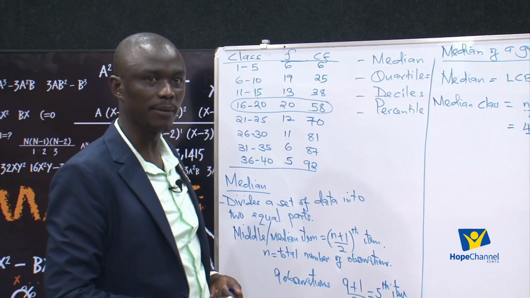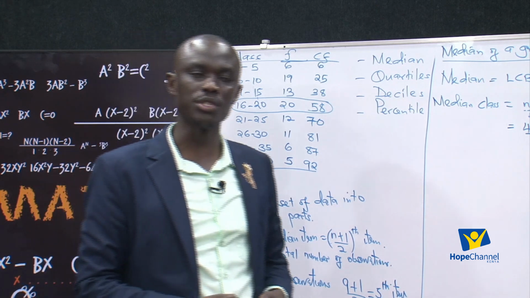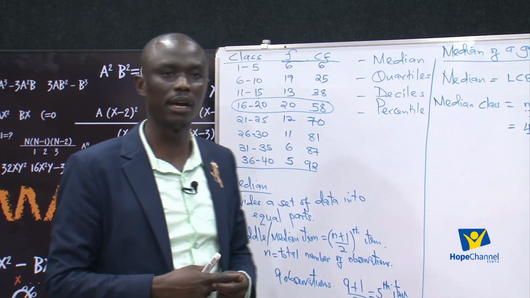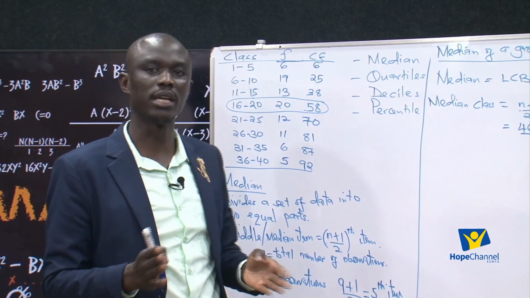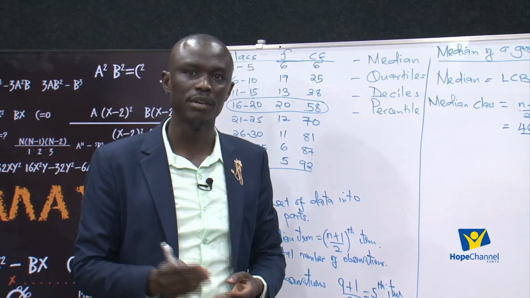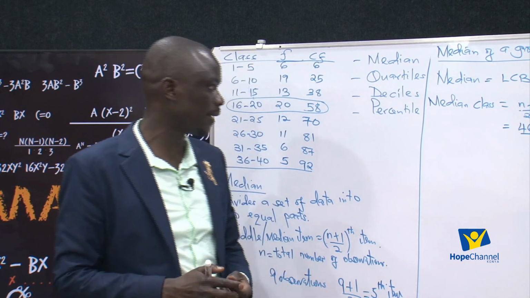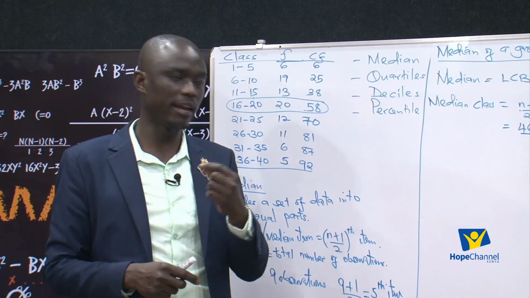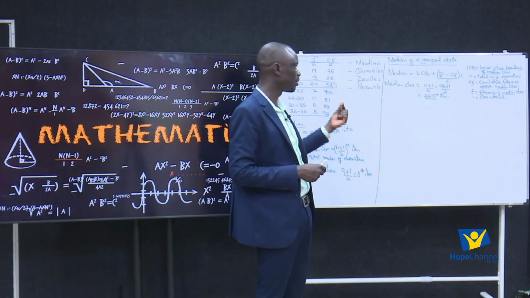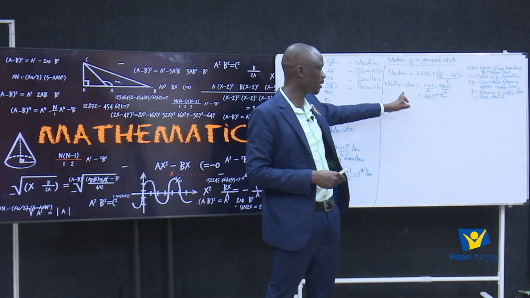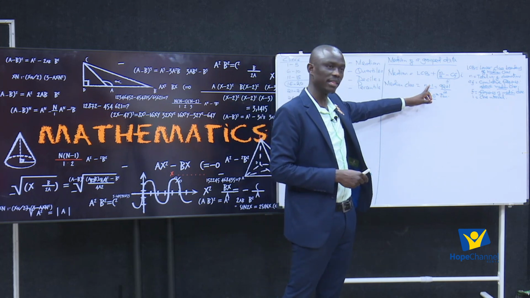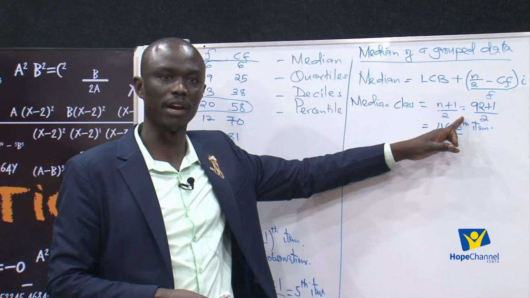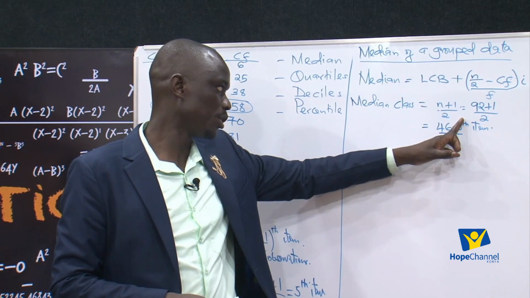We get it, eh? So we don't just choose randomly the way you do with the ungrouped data, where we just count and see which one is in the middle. For grouped data, we need to know the total frequency first, and after identifying it, we use the formula for finding the median item, which is n plus 1 divided by 2.